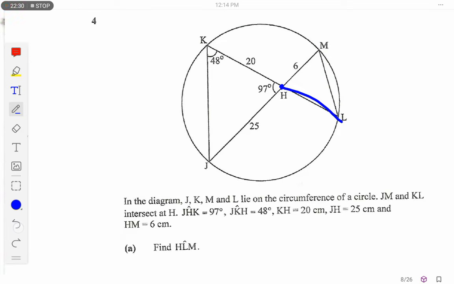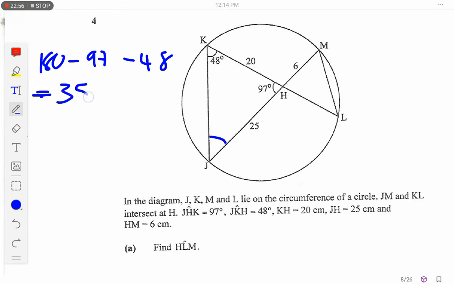So how we are going to find that angle is this. Here we have got a triangle, and the sum of angles in a triangle adds up to 180. So this angle J is going to be 180 degrees minus 97 minus 48. Then we get our angle at J, which is equal to 35 degrees.